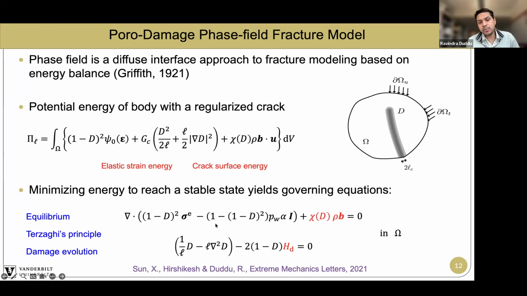And so if you start with this energy and then minimize it with respect to the unknowns, in this case, we want to solve for the damage variable that tells us where the fractures are, and we want to solve for the stress which drives this damage. Then we take those derivatives with those two variables, displacement corresponding to stress and damage corresponding to the phase field evolution equation.